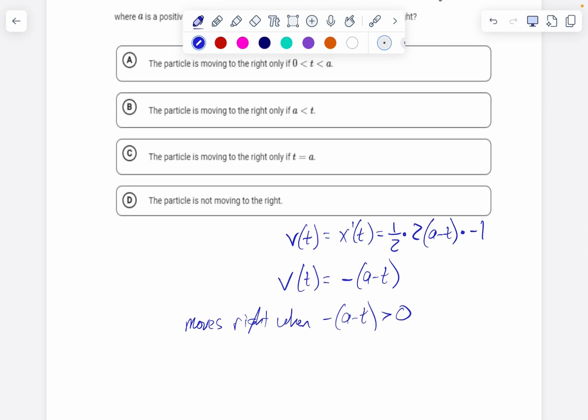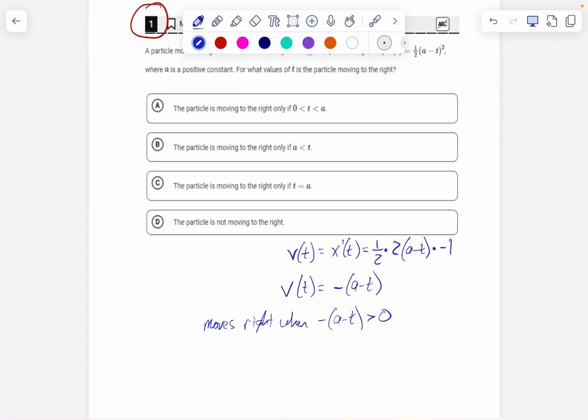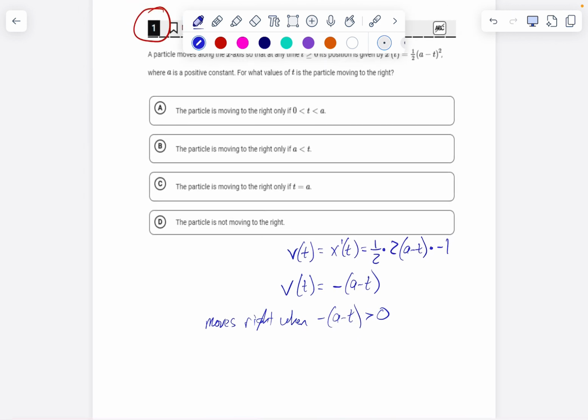And then solve. I hate scrolling back and forth, but I feel like it's too small. Can you guys still see that? That's probably okay size, right? How do we solve that? A is a positive constant. How do we solve? Yeah, you could, or just divide by -1.